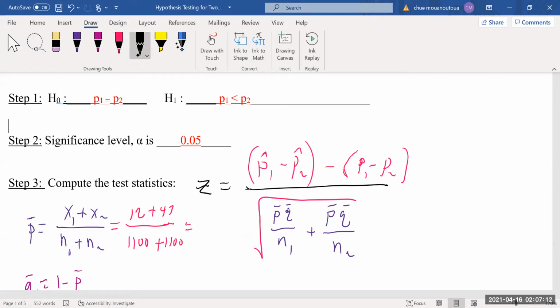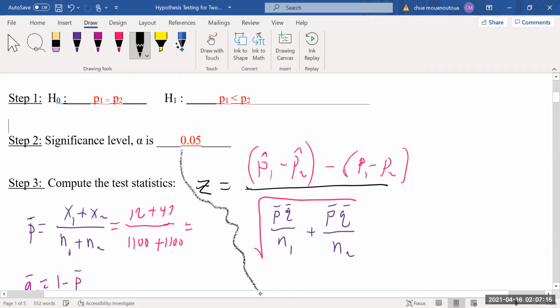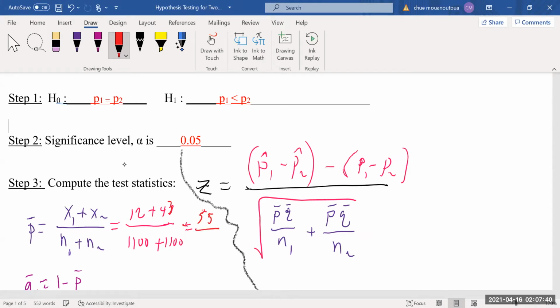Okay, so let's do the math there. 43 plus 12 is 55, divided by 1100 times 2, which is 2200.